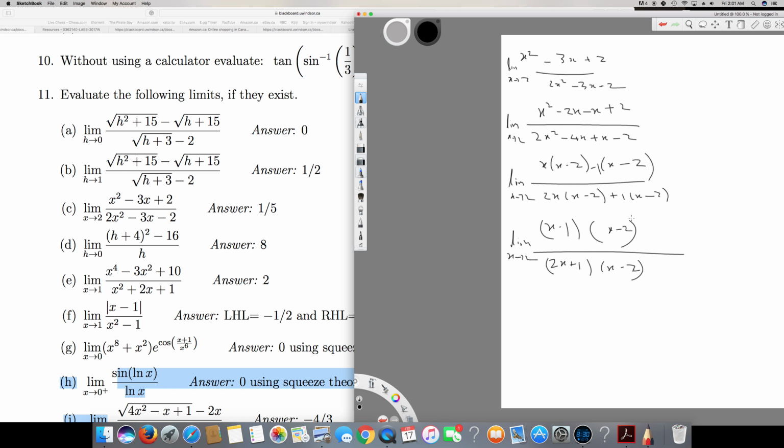So x minus 2 and x minus 2 cancel. The remaining is x minus 1 over 2x plus 1. Now I can plug the value two, 2 minus 1 over 2 times 2, 4, 4 plus 1. So it's going to be 105. That's the answer that is given. And then let's do the next one.